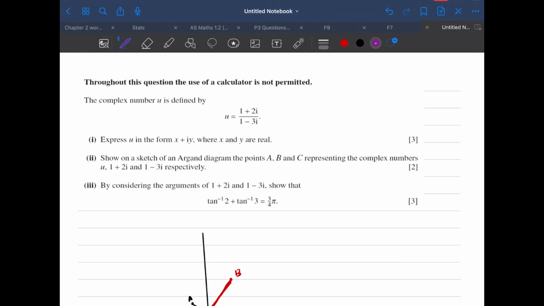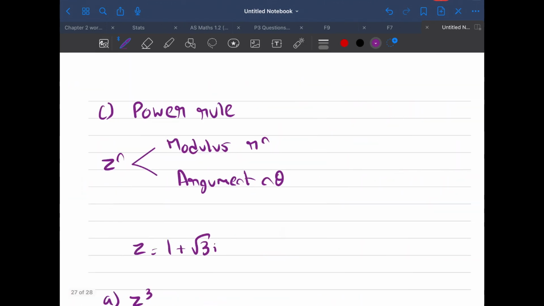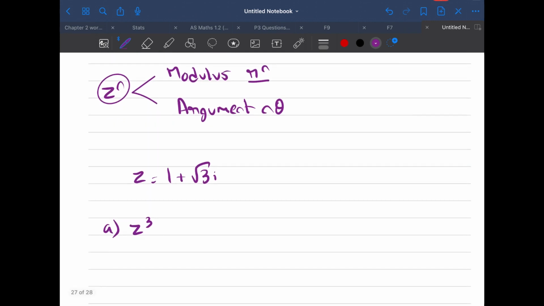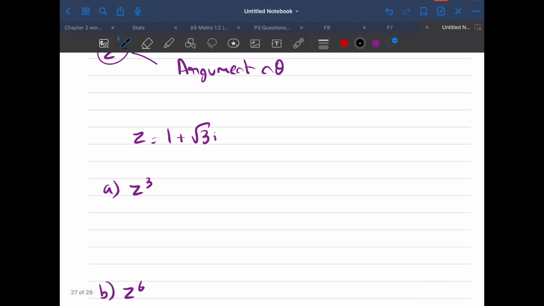multiplication and division application. Now we are starting with the power application. So the power application is z power अगर n लिखा हुआ है बच्चे, so उसका मॉड्यूलस क्या होता है r power n and argument होता है n theta. Let's suppose करो 1 plus under root 3 दिया हुआ है, right बच्चे?